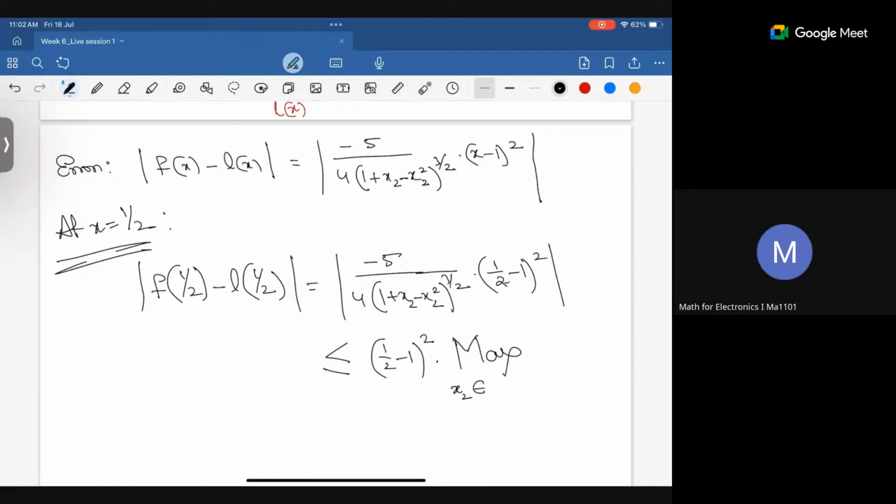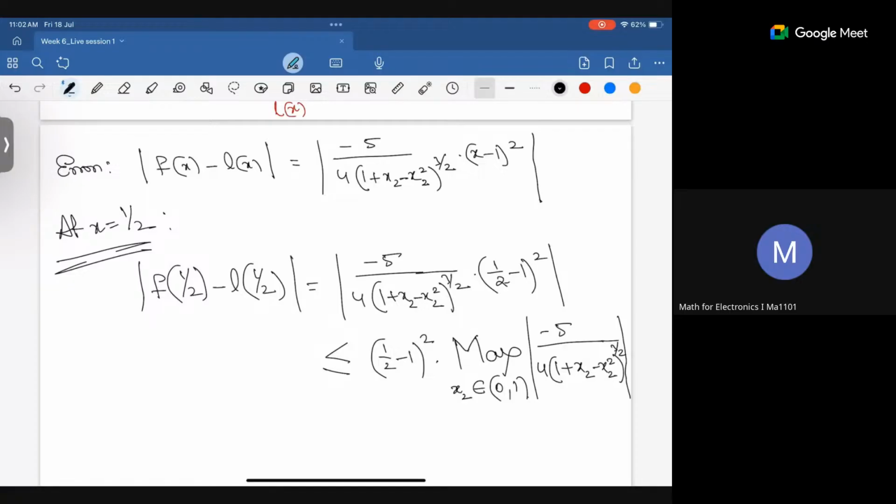I will choose x2 such that the absolute value of minus 5 by 4 into 1 plus x2 minus x2 square whole power 3 by 2 gives me the maximum value. I will pick this x2 between 0 and 1.